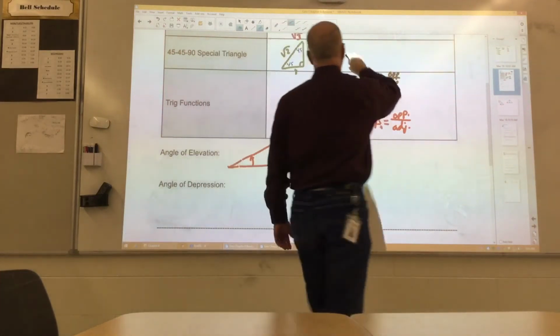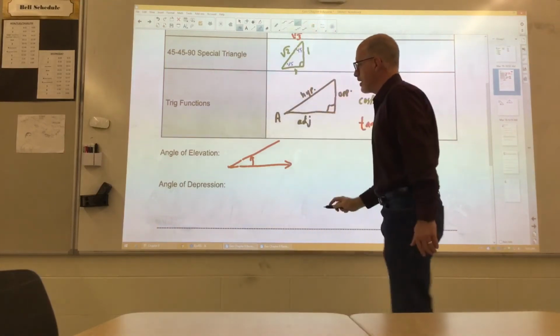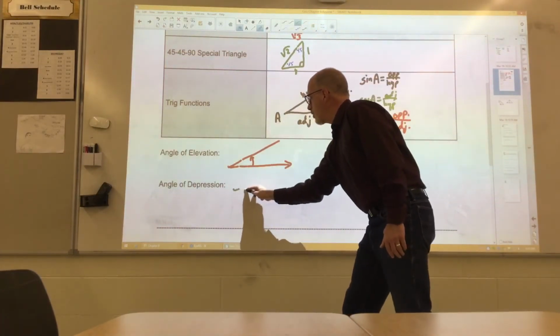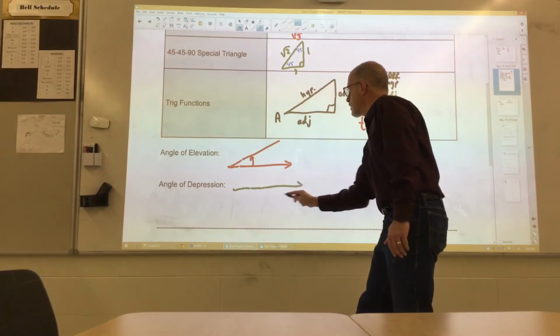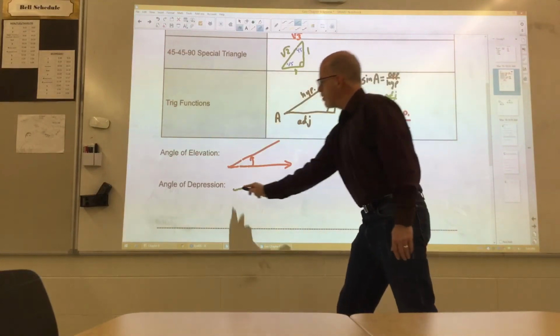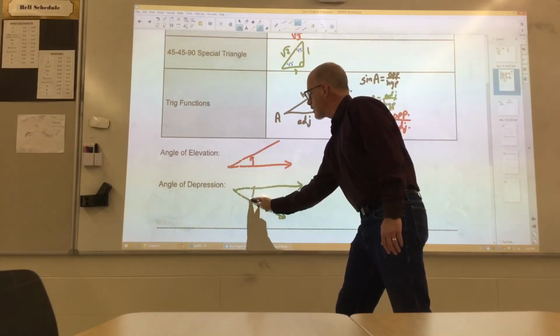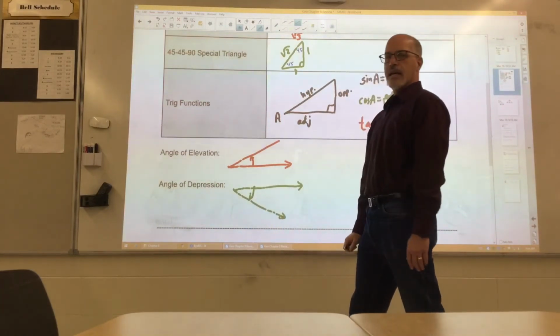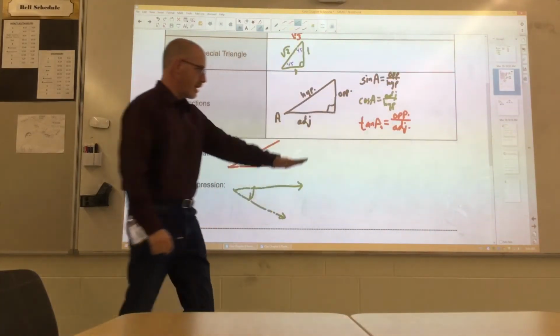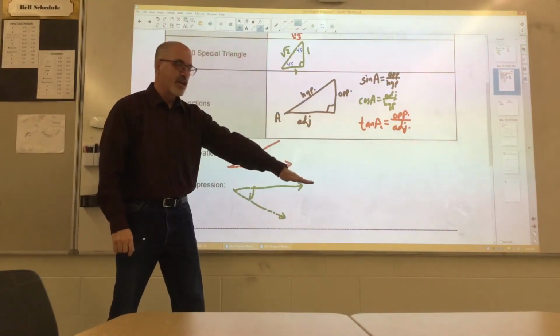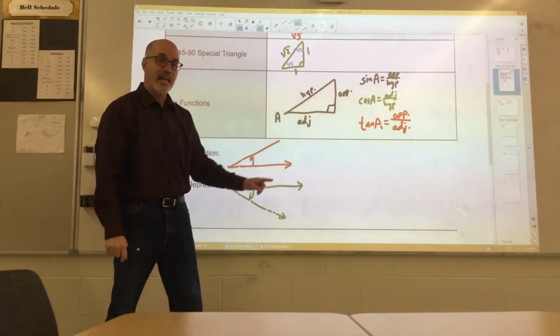On the other hand, angle of depression is from looking straight out on the horizontal, and you look down at something. And on that one, usually that angle is not the one we use.